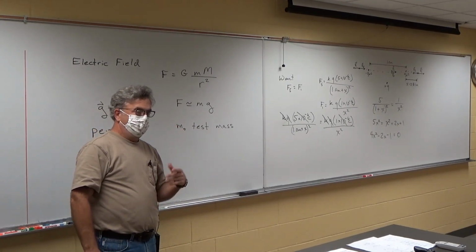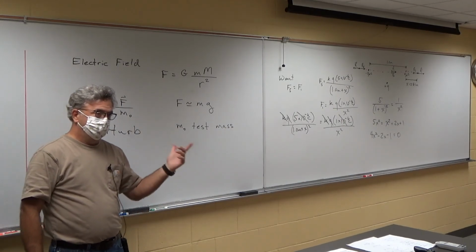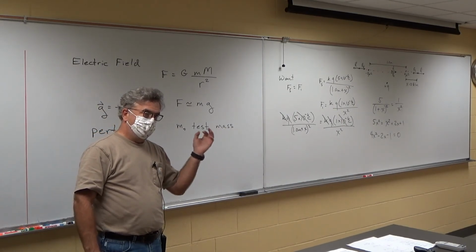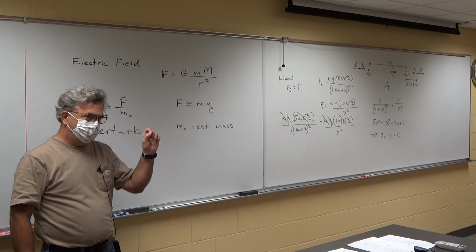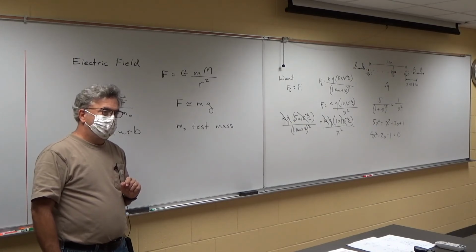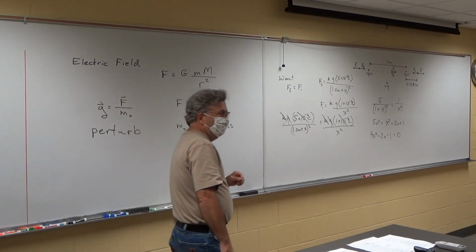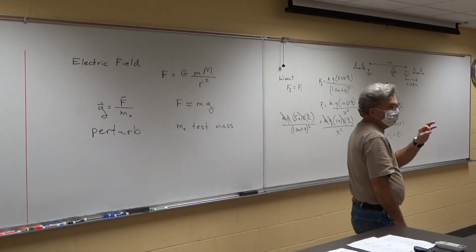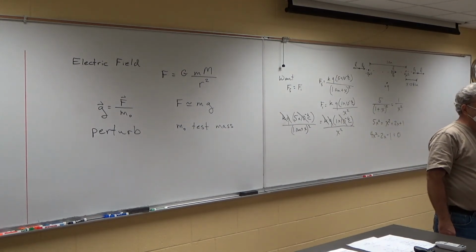Like if you have initial conditions for a differential equation and you perturb those initial conditions, that means you change them by some little delta or epsilon. You with me? Yes, sir. Okay. So this little test mass isn't enough to perturb the field very much.